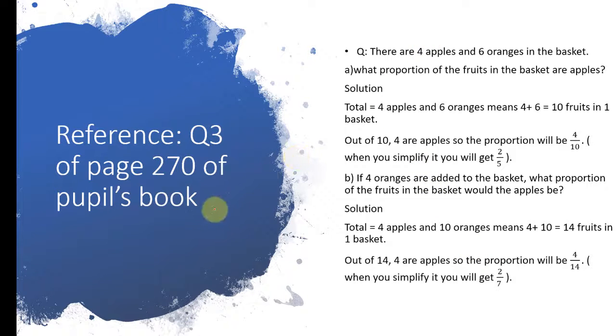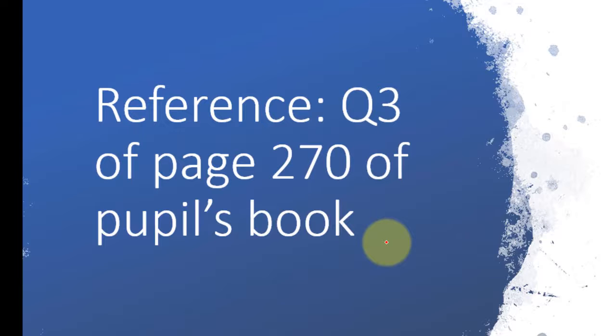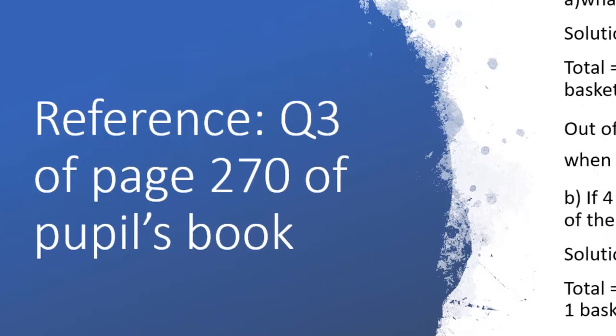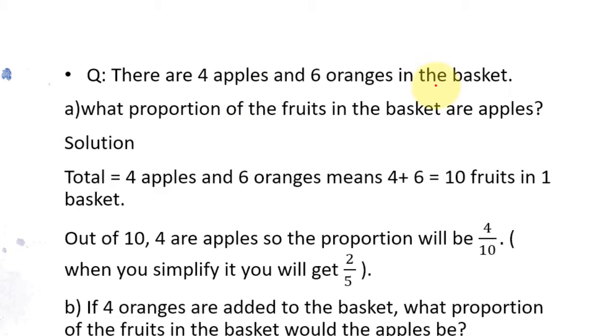Question number 3 of your book, on page number 270. There are 4 apples and 6 oranges in the basket. What proportion of the fruits in the basket are apples? Solution: total 4 apples and 6 oranges means 4 plus 6 is equal to 10 in one basket.